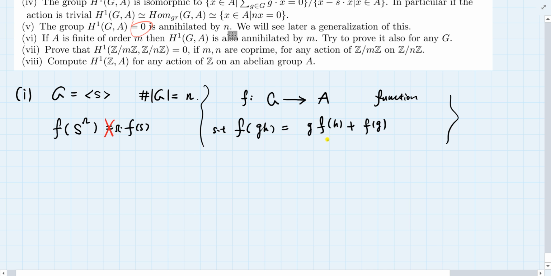This is only true when G acts trivially on A, then this is just F(H) plus F(G).